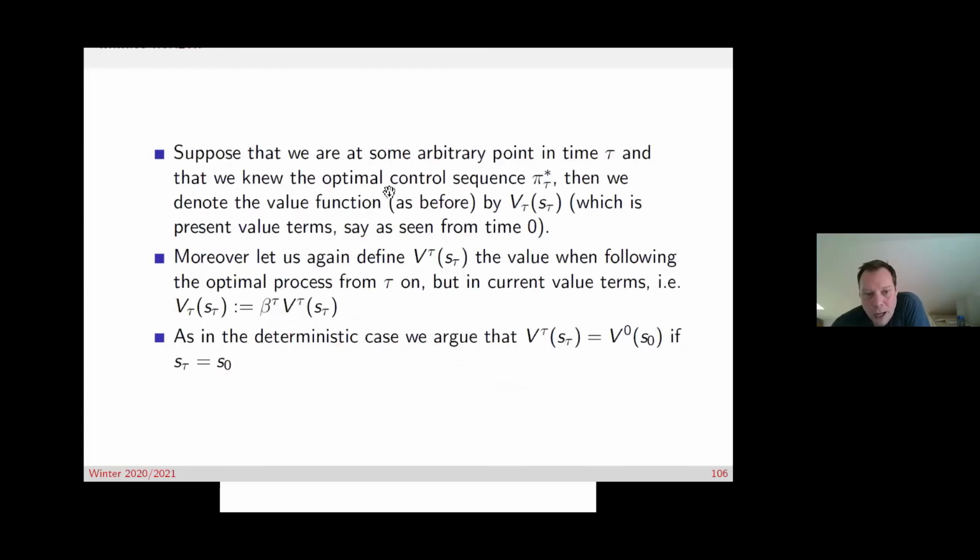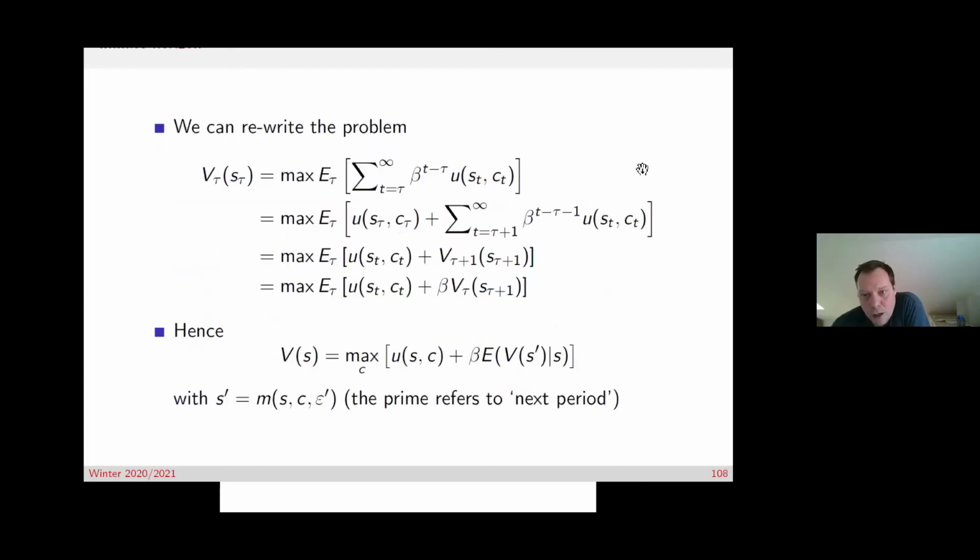Because what we can do, and this is what I've tried to show you just at the beginning, you can write this initial problem in a recursive structure. If you just extract the beta out of this sum, then the problem is basically the same, except that you now put yourself into the shoes of the guy being in tau plus 1.